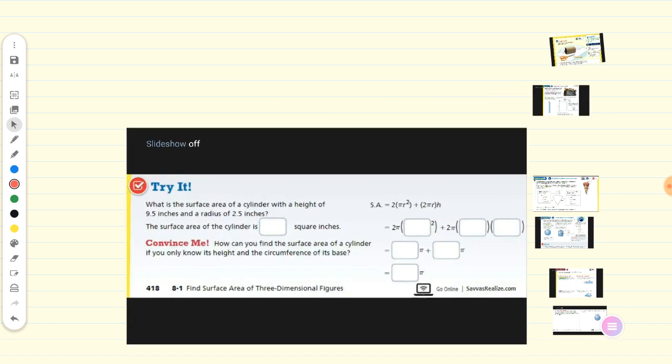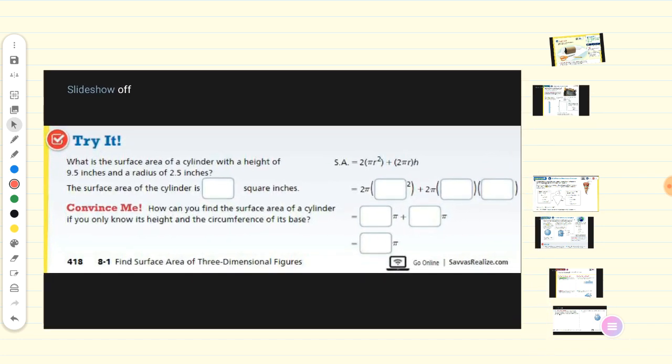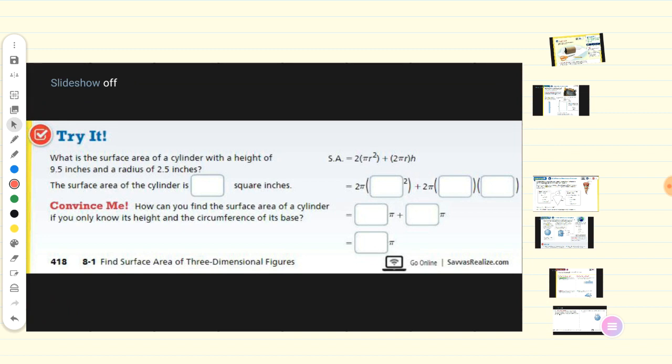Let's apply my way. What is the surface area of a cylinder of height 9.5? So this is H. And radius 2.5. This is R. Using my rule, surface area equals 2πR multiplied by (R plus H).